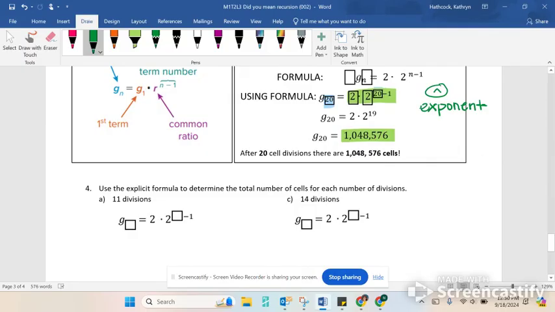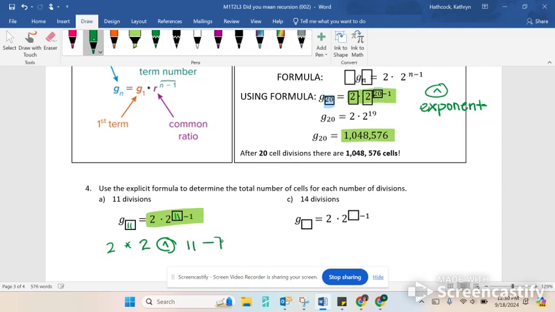Here are 4 practice problems for you. So again, 11 is going to go in place of my n's. And as of right now, you can put all of that in your calculator. So I would need the number button 2 times 2. Then you would find your caret. 11 minus 1.